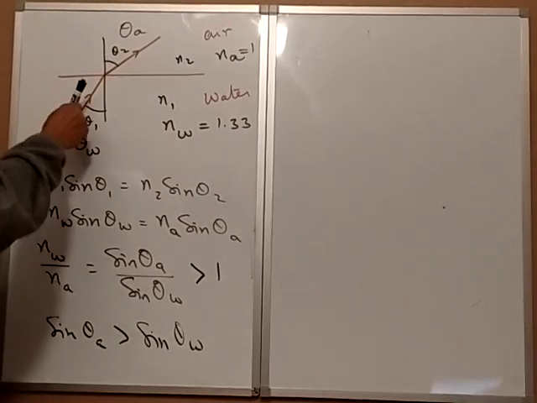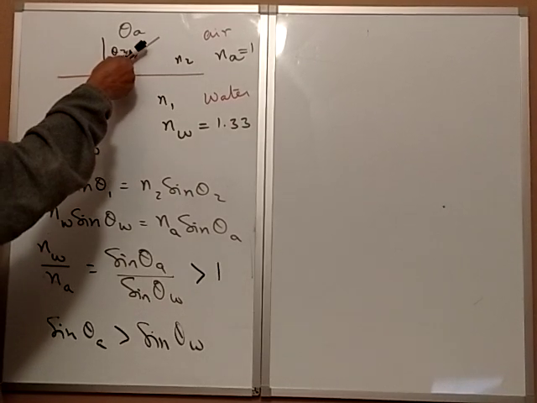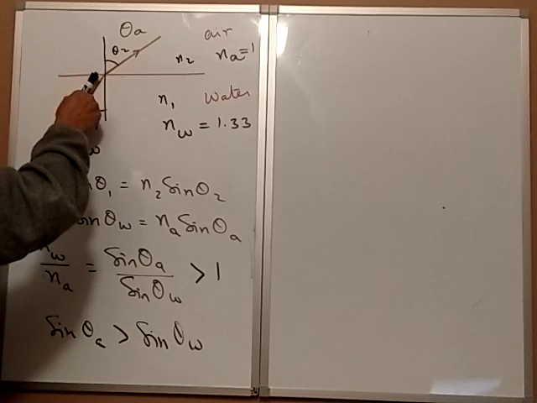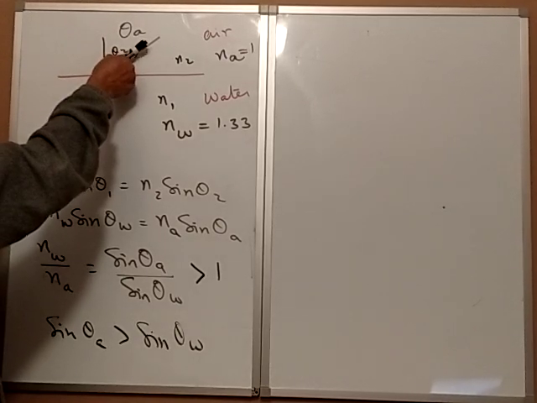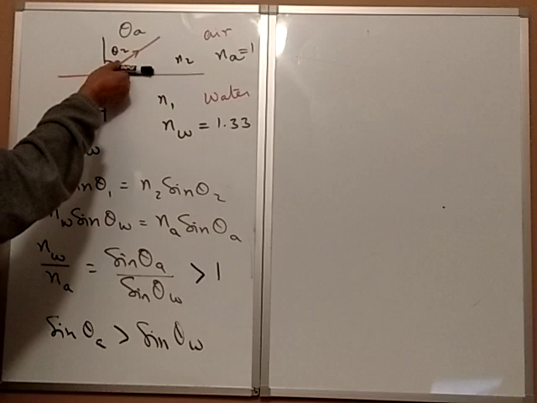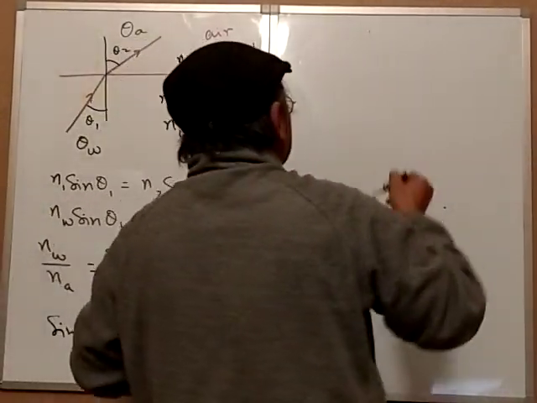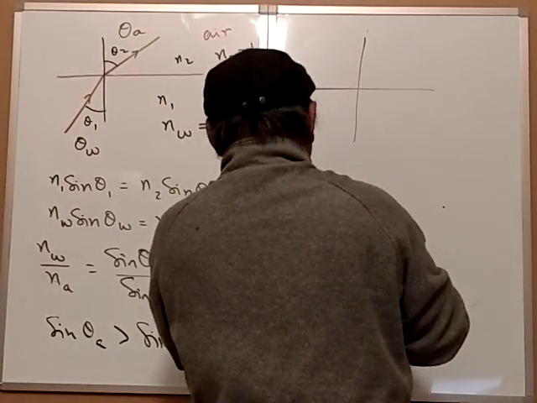Let me say it again. I increase this incident angle little by little, and the refracted angle gets bigger little by little. At one point, when it gets to the critical angle, this refracted ray will be totally parallel to the surface.